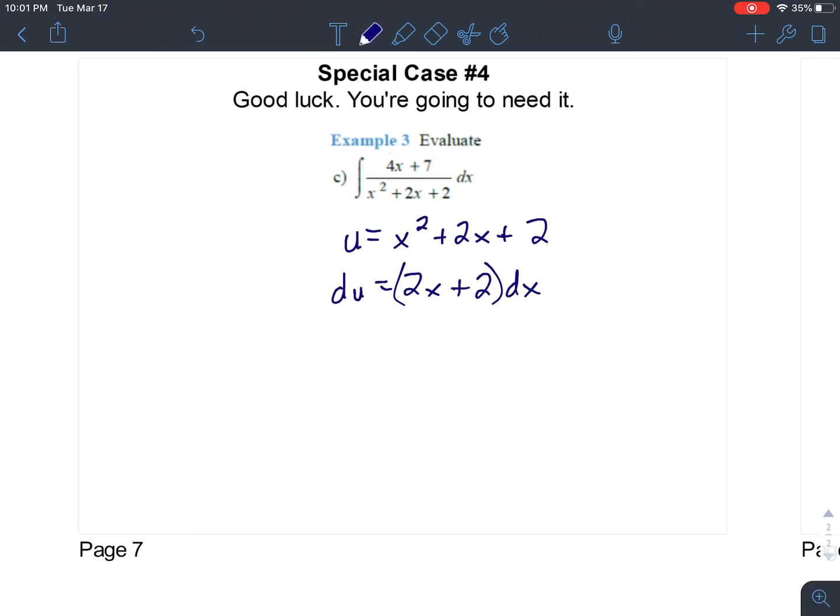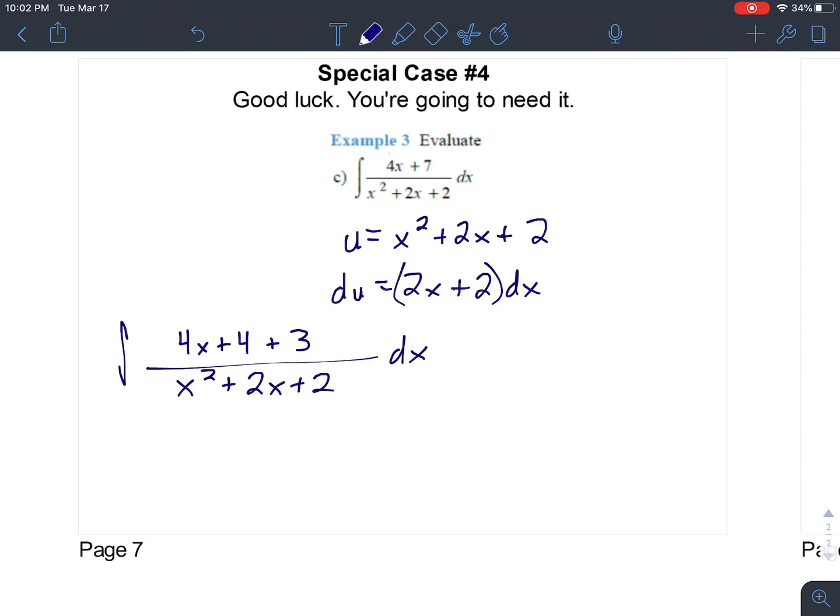Instead of 2x plus 2, we're going to take out 4x plus 4. This is why I'm saying good luck, you're going to need it. Not because it's difficult turning 2x plus 2 into 4x plus 4, but because we're going to need to turn the 4x plus 7 into a 4x plus 4 plus 3, and then we're going to put all of that over x squared plus 2x plus 2.